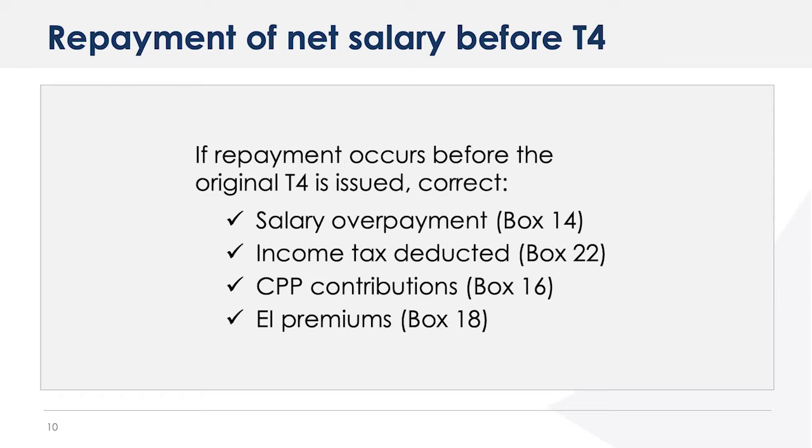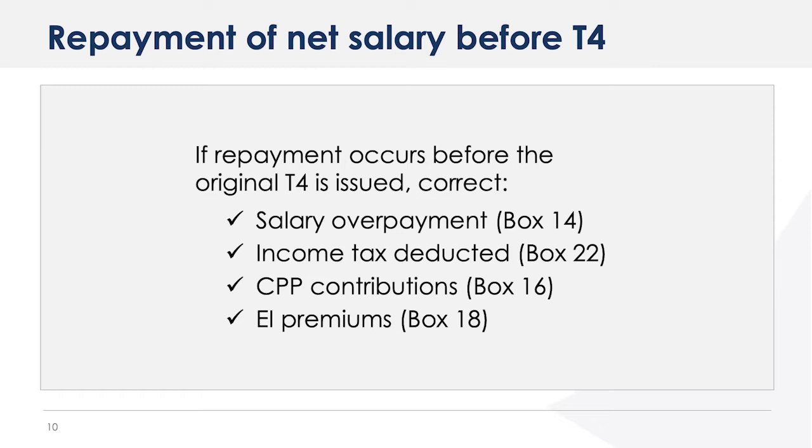If the employee repaid or arranged to repay the salary overpayment before the original T4 is issued, the employer must not include the following on the employee's T4 slip: salary overpayment, box 14, income tax deducted, box 22, CPP contributions, box 16, EI premiums, box 18.